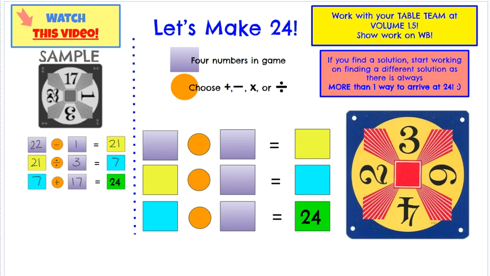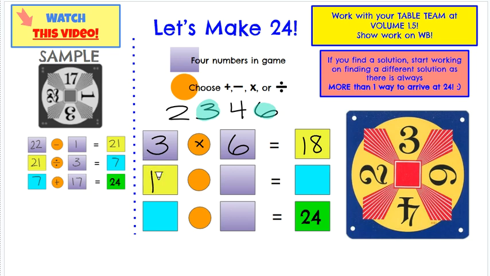So let's begin by listing our numbers. 2, 3, 4, and 6. All right, another path to 24. So this time we're going to multiply first. So 6 times 3. So I've used the 3, I've used the 6, and that's going to give me 18. Not too far from 24. So 18 gets carried over here.